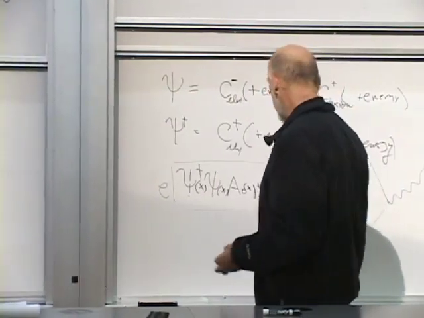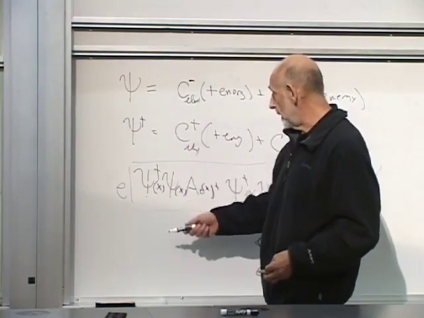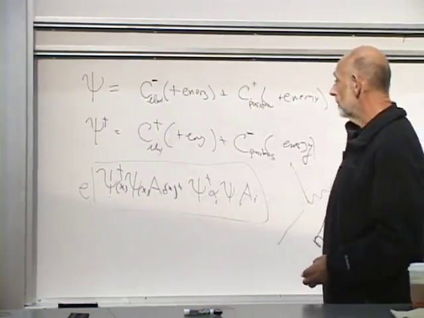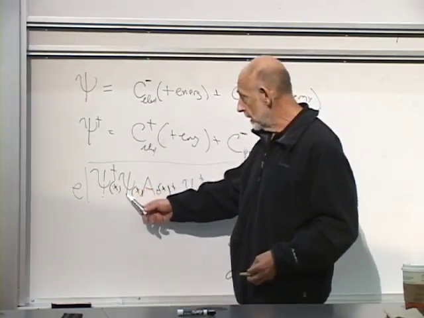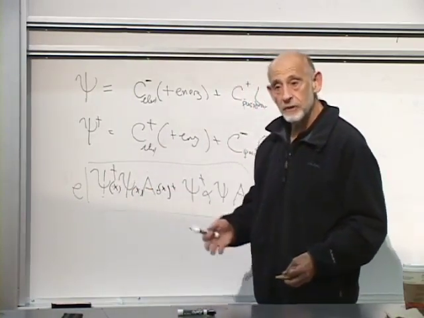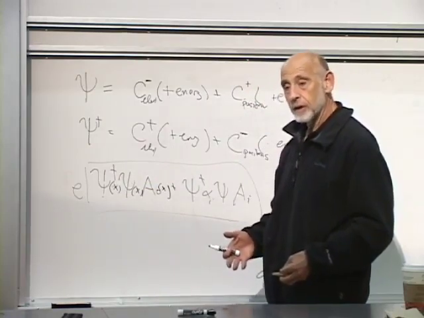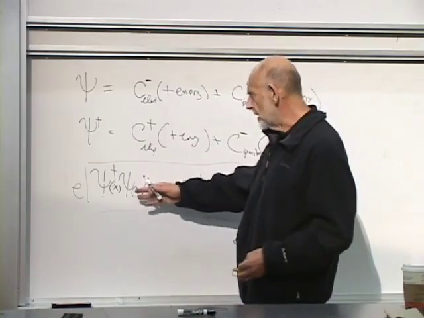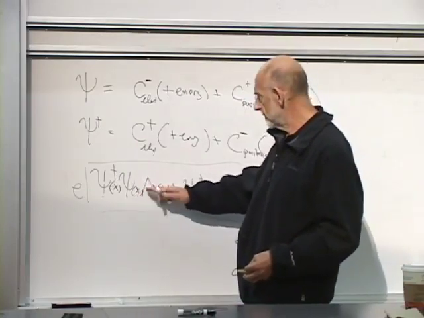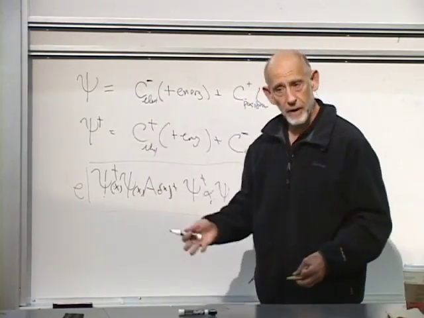The conservation of charge is also ensured by the fact that we have one psi and one psi dagger. A psi annihilates an electron or creates a positron.